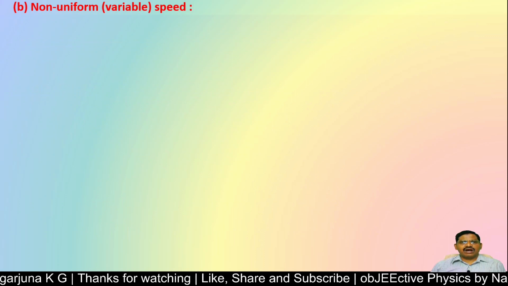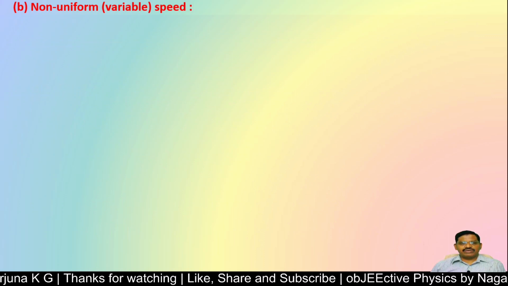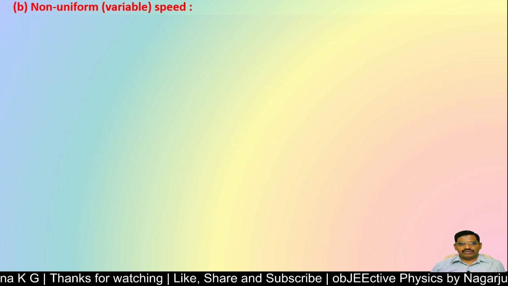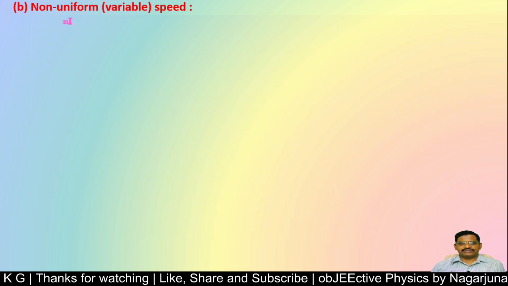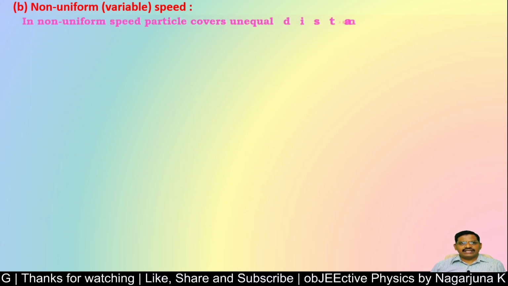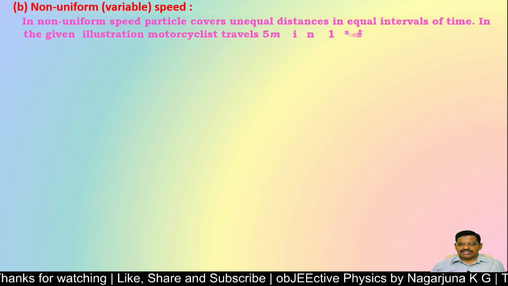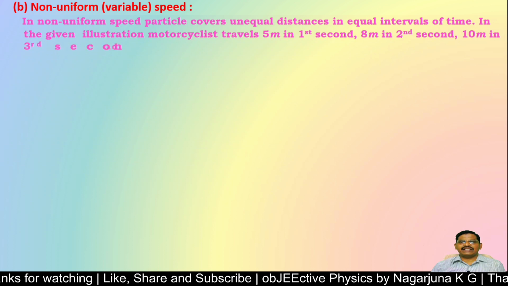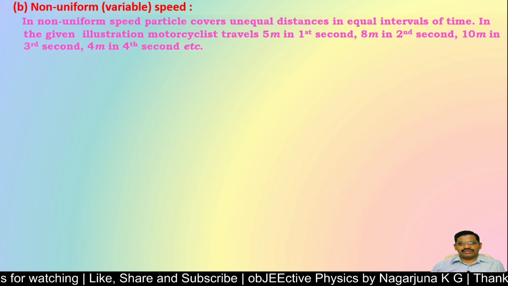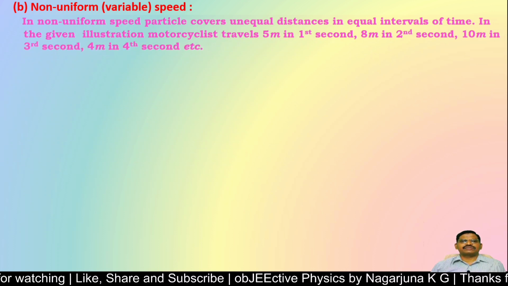Second one, non-uniform or variable speed. See the definition. In non-uniform speed, the particle covers unequal distances in equal intervals of time. That is the definition.